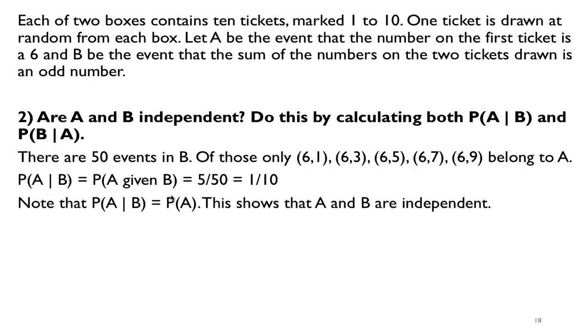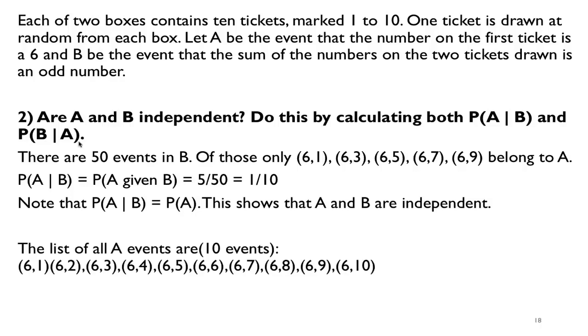But let's do the other way too, which is P of B given A, just for practice, even though we have shown that A and B are independent. Given that A has already happened, A is the following 10 events, where the first ticket is a 6. Given that A has happened, what's the chance of getting B? Which of these add up to an odd number?